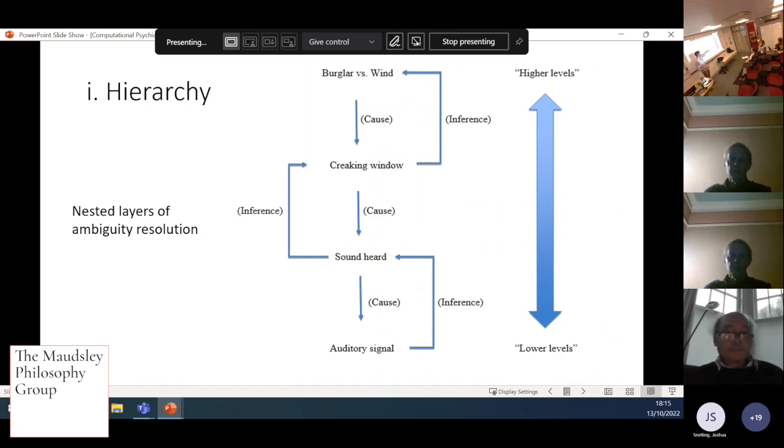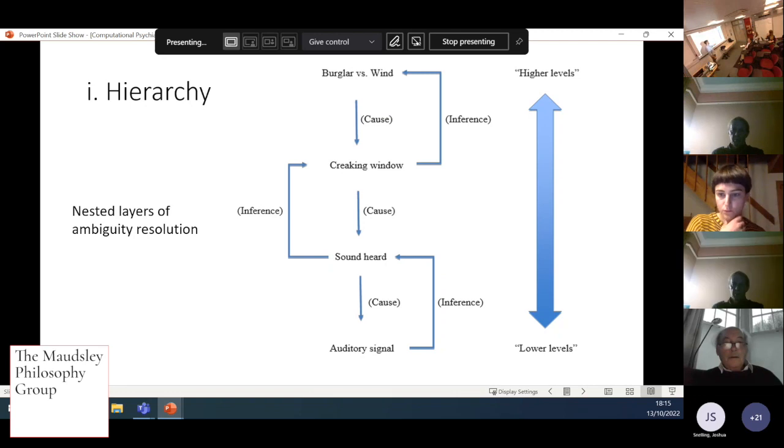Within each of these hierarchical layers, you've potentially got an indeterminate number of other hierarchical layers. But basically, the idea is that the brute auditory signal is ambiguous, and so you disambiguate that to determine the sound heard.